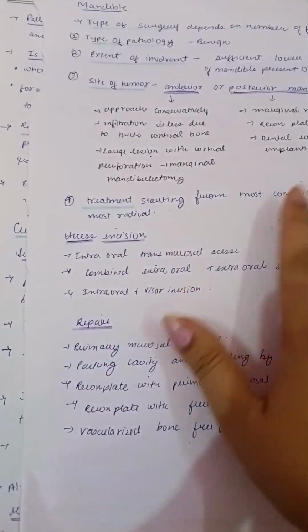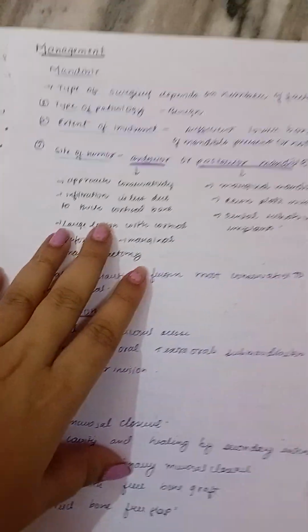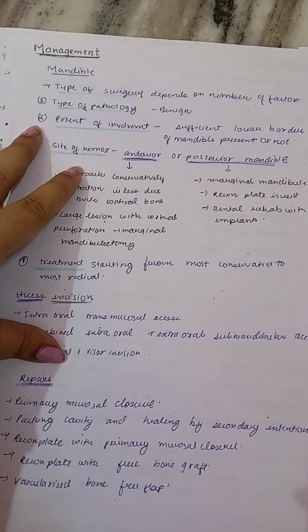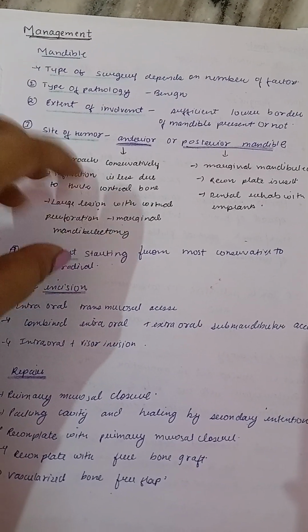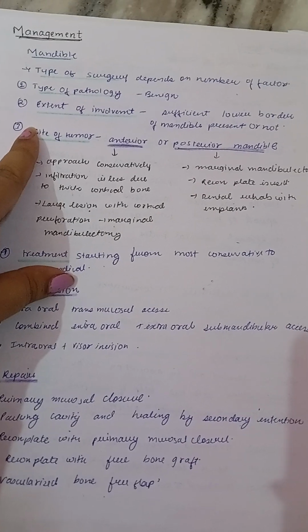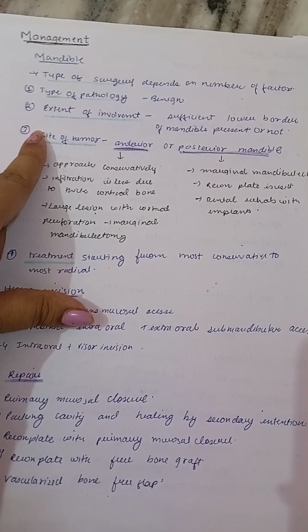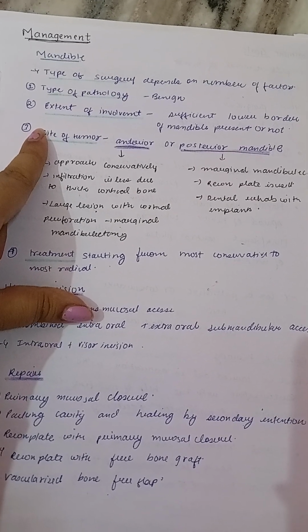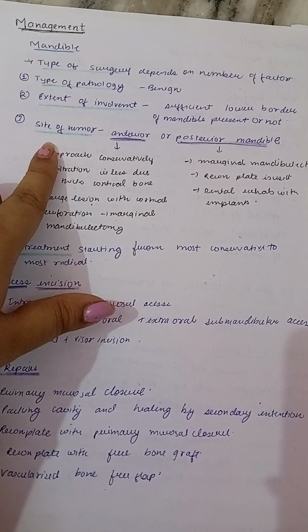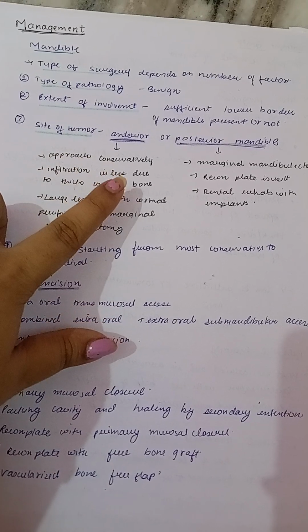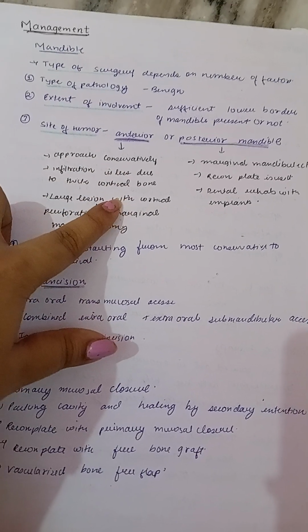Now coming to the management part. Before starting the surgical part, let's get a brief discussion about the management part. So in mandible, the type of treatment module depends on different things. First is the type of surgery, which depends on a number of factors: type of pathology, benign; extent of involvement; whether sufficient lower border of mandible is present or not; site of tumor, whether it is anteriorly placed or posteriorly.